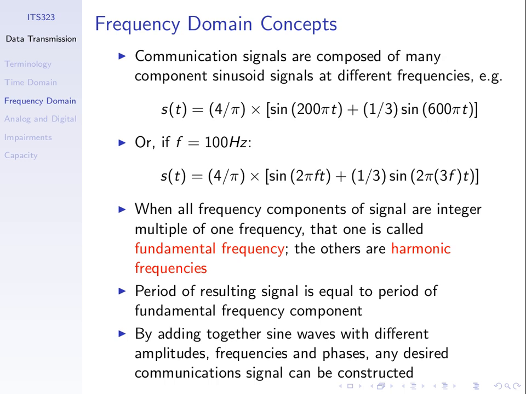This is 1 times 100. This is 3 times 100. Therefore, the fundamental frequency of this signal is 100, which is the frequency of this signal. That is, S of t, the one plotted, has a frequency of 100 hertz.